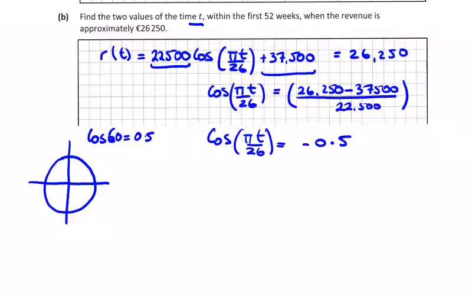So cos is negative in these two sectors, with 60 degrees as the reference. So 60 in here is actually an angle of 120. And this angle in here is 180 plus 60, 240.